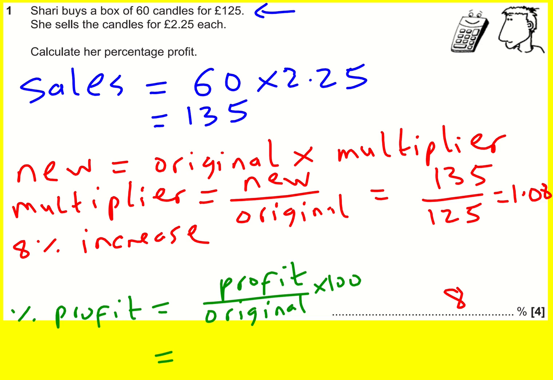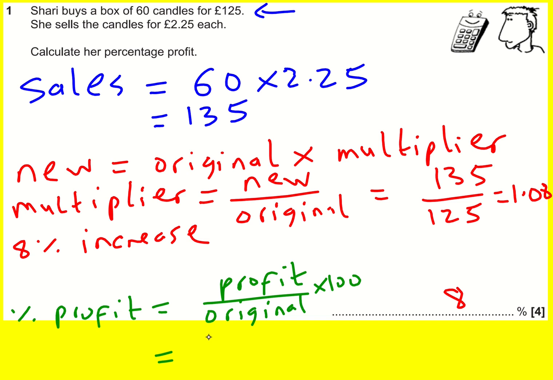It's basically the same thing as what I'm doing because I'm dividing by the original still, but instead of having to minus 1, that is essentially me minusing my original. That's what this profit bit is really. And then instead of just going from 0.08 to 8%, I'm sort of timing it by 100 and recognizing it's kind of doing it all for me. But you have to learn it. Whereas if you just learn this formula here, then you've got lots of applications for other questions.